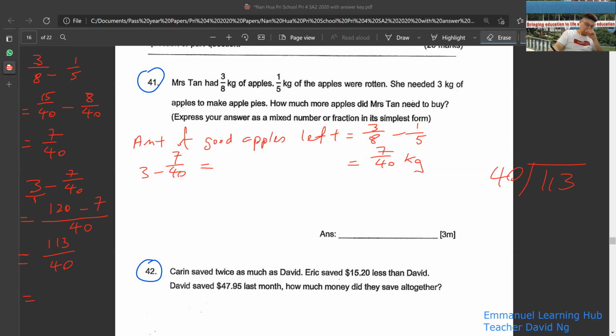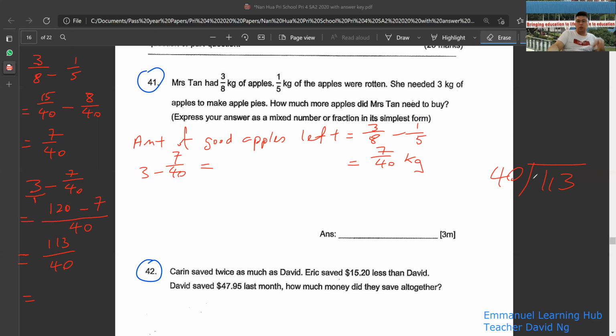Once you know the remainder, you know what is the fraction here already. So what is 113 divided by 40? Give 5 seconds, you can do already.